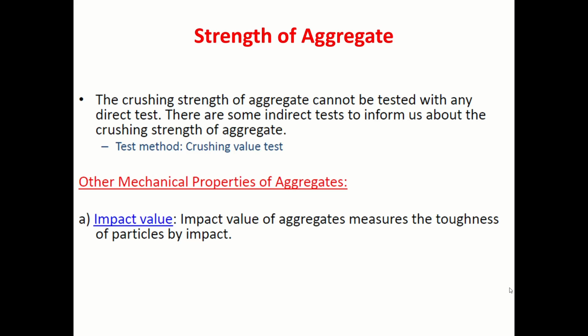One of the methods is called the crushing value test, or other mechanical property tests of the aggregate. For example, the impact value of aggregate measures the toughness of particles by impact.